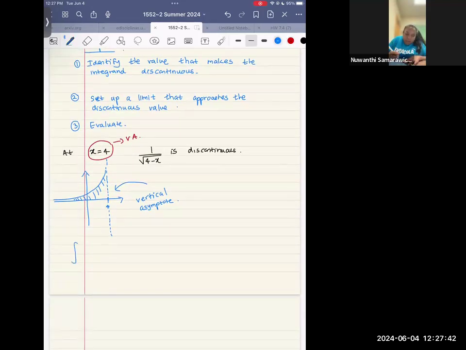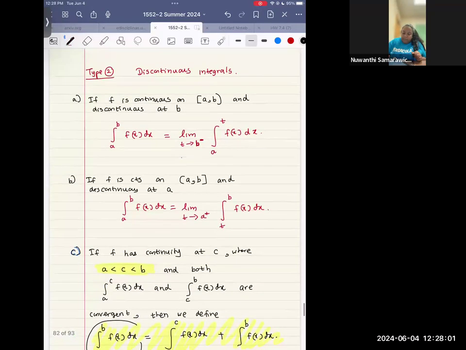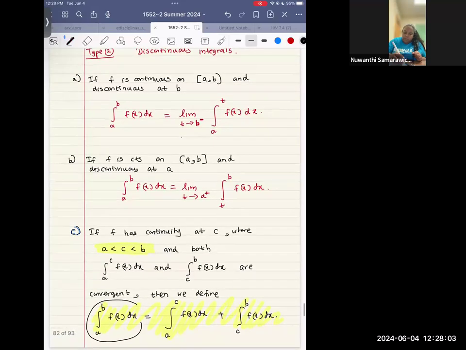So here the question is the integral from 0 to 4 of 1 over the square root of 4 minus x, dx. Now here x cannot be equal to 4. So by the type 2 integrals, which one are we going to use, A, B, or C?